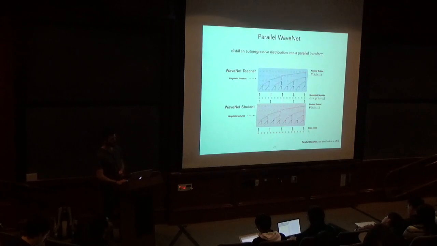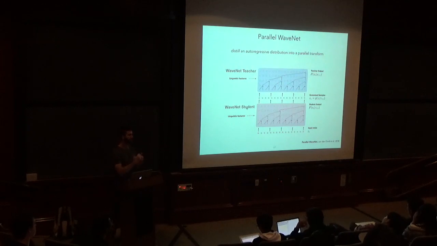Now, what the researchers behind this paper, Parallel Wavenet, showed was that you can take an autoregressive distribution like Wavenet and distill it into a student Wavenet, which uses these transform distributions to go from a set of noise vectors to a set of outputs that is the speech. So they show that you can distill this really complicated sampling procedure into a much more computationally efficient sampling procedure, which is pretty cool.